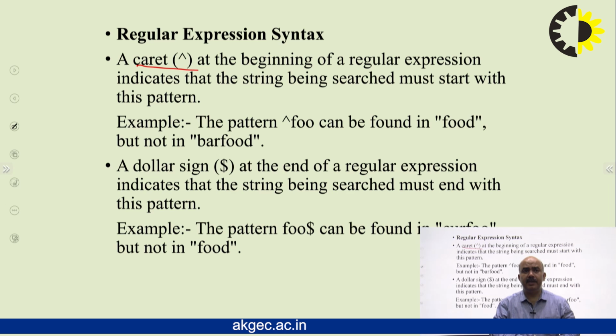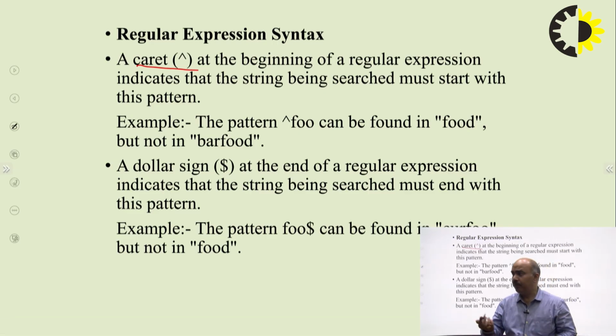For example, let's suppose we have taken the pattern ^FO. It can be found in food, but it is not found in barfood.